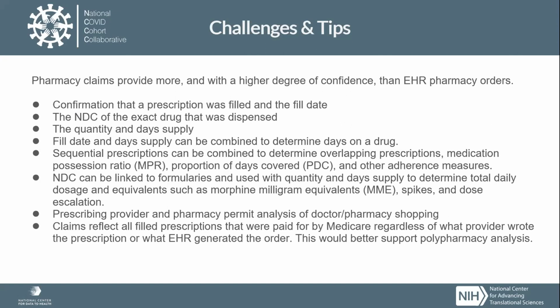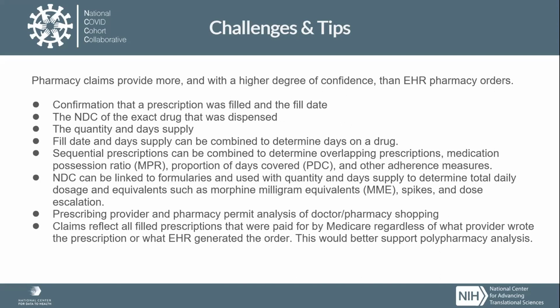Like you can begin to do some dosing, which that part may be a little bit easier in the EHR, but you can also look for prescriptions over time and refill patterns and spikes in medication, particularly in mental health conditions.